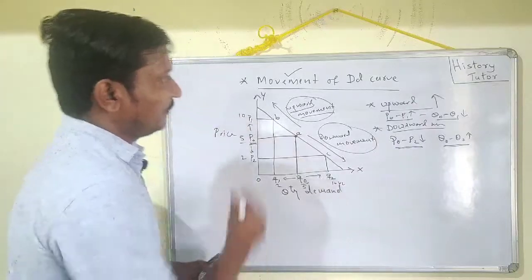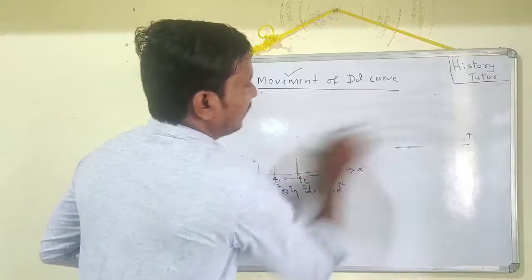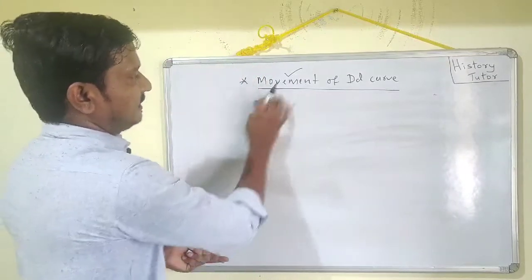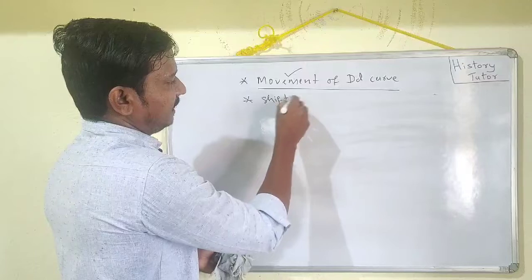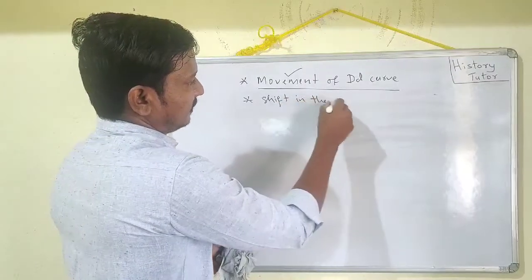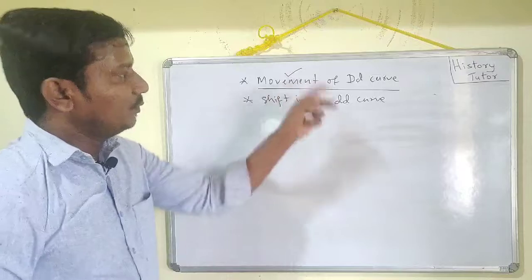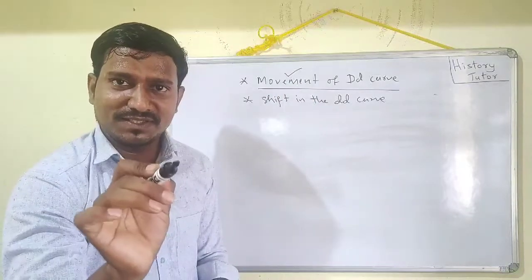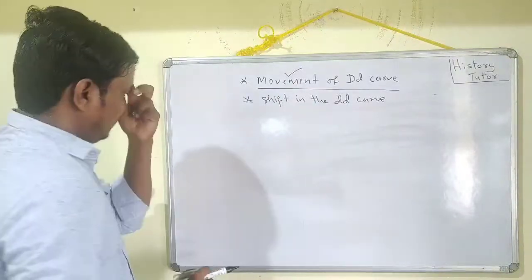In the same way, the next one is the shift in the demand curve. In the movement we have seen that only the price influences it and all the remaining determinants are assumed constant.